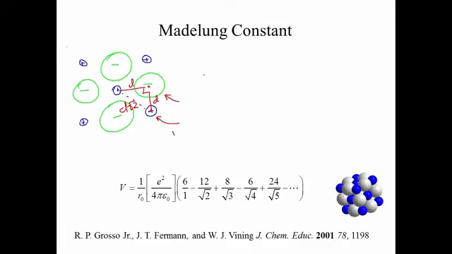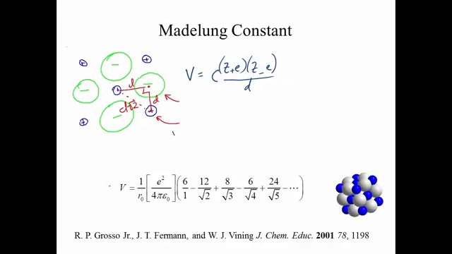So we would have again from Coulomb's law the voltage, the energy, related to Coulomb's constant times the charge of the cation times the electron charge times the charge of the anion, in this case plus or minus 1 for chloride, times the charge of an electron divided by the distance d, which is defined by the unit cell.